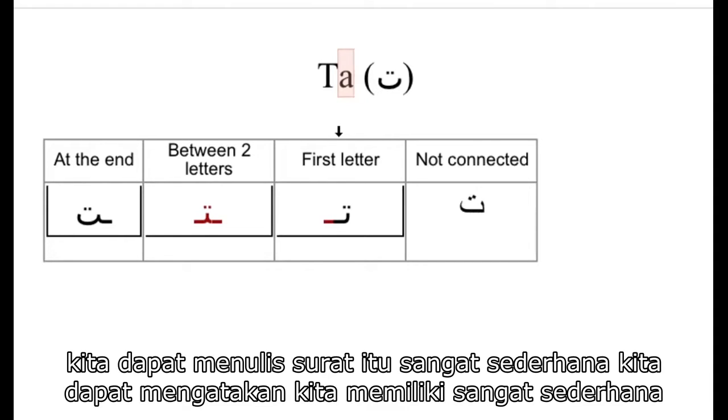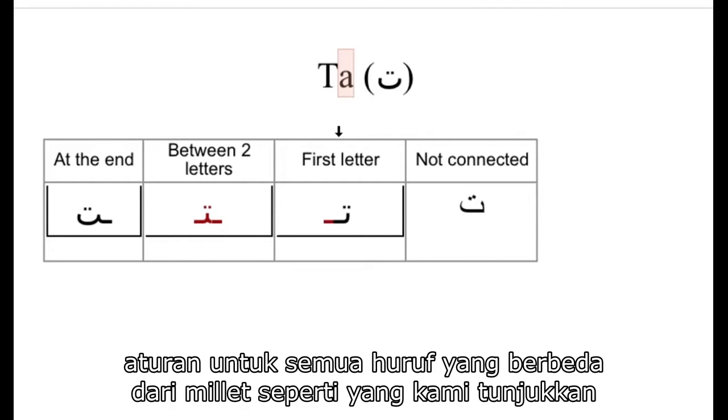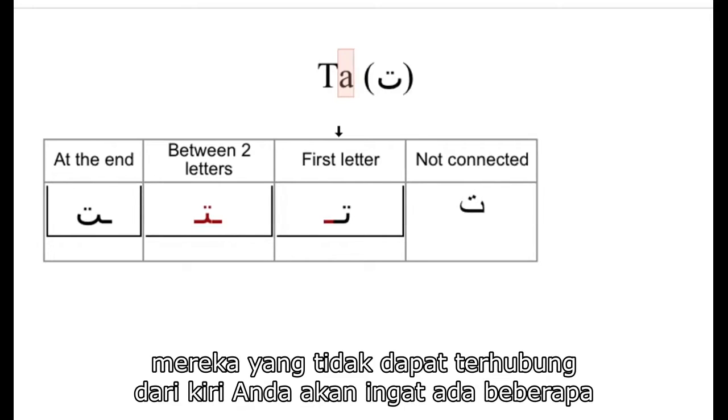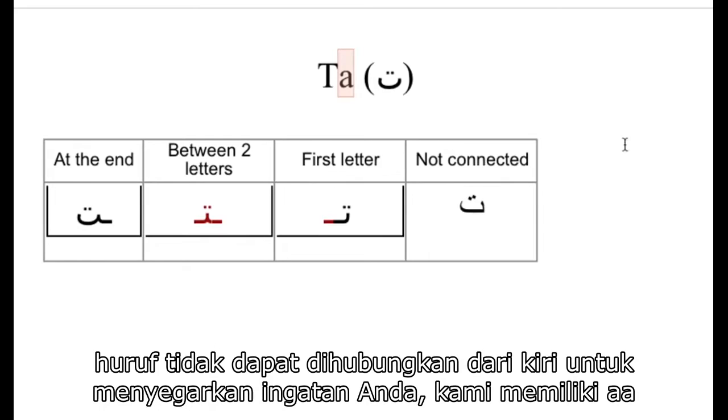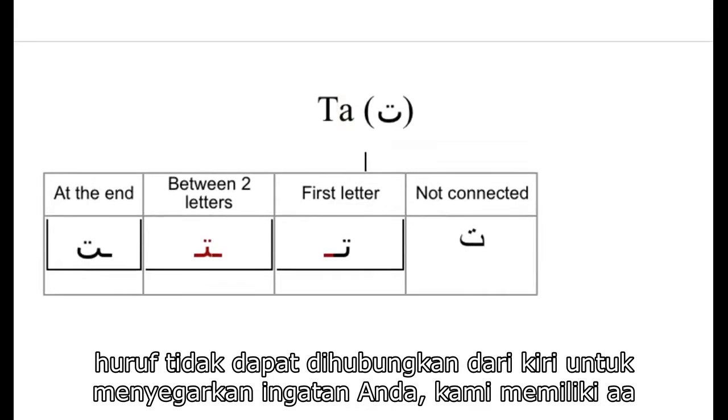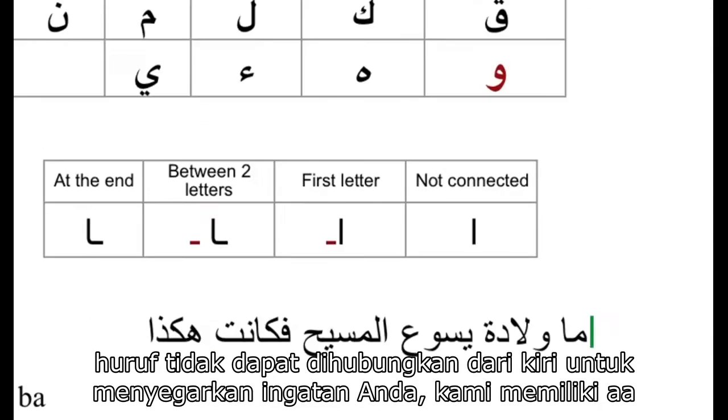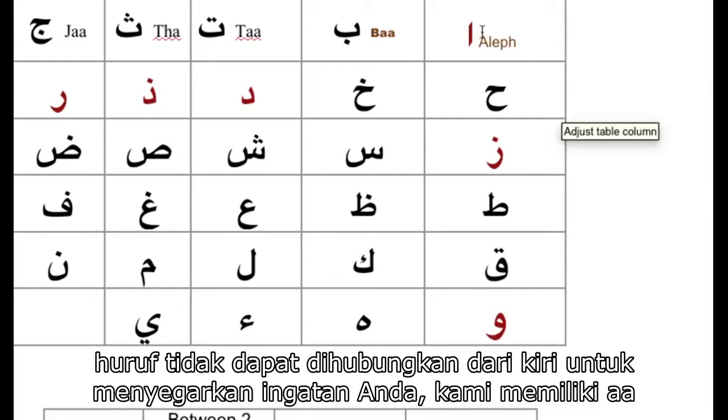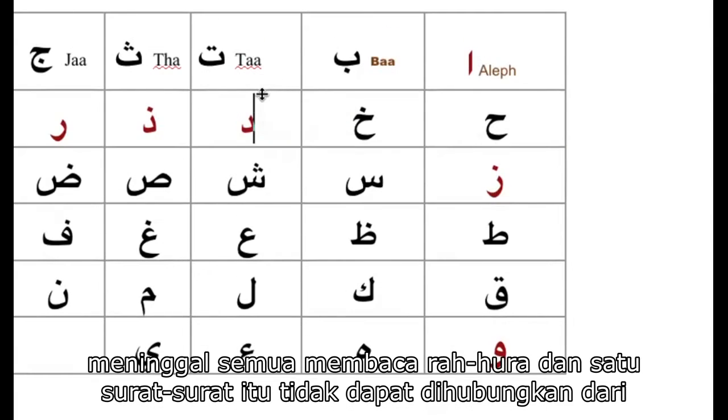It's very simple. We have a very simple rule for all the letters, which is different for the letters that cannot be connected from the left. You remember there are a few letters that cannot be connected from the left. To refresh your memory, we have A, Da, those are in red, The, Ra, Za, and Wa.